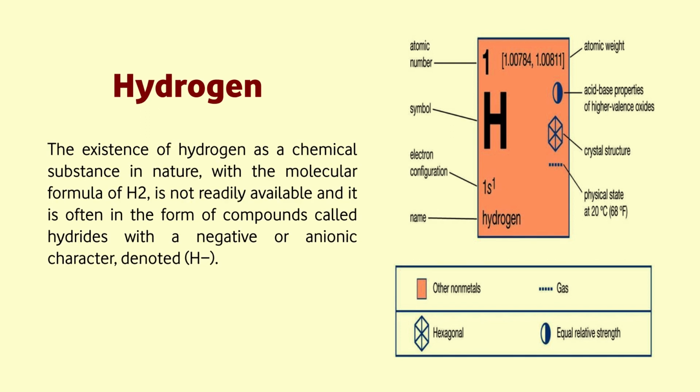Hydrogen as a chemical substance in nature with the molecular formula H2 is not readily available, and it is often in the form of compounds called hydrides with a negative or anionic character denoted as H-, as well as other technologies including, for example, electrolysis and thermolysis.